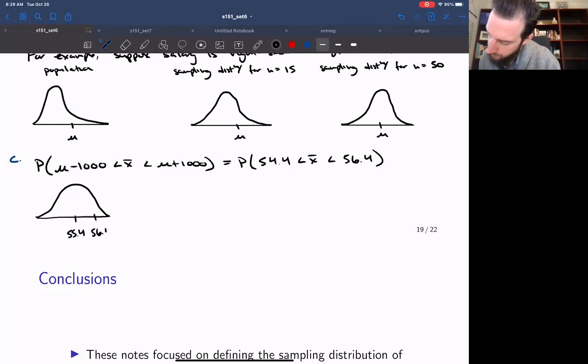Here is 56.4. Here is 54.4. And this is what we're looking for. So we just want the area between these two limits.